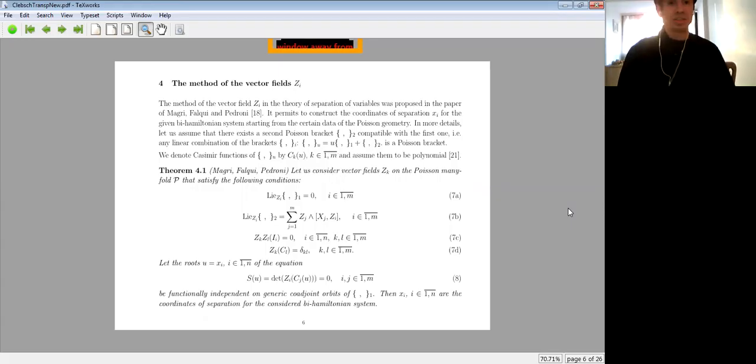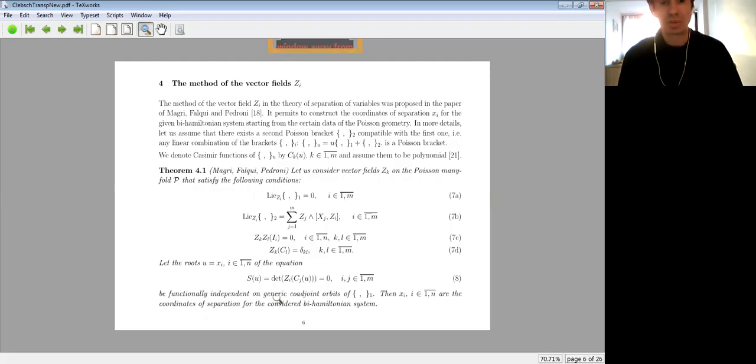In this case, there is a theorem of Magri, Falqui and Pedroni that if we consider vector fields Z_k, k from 1 to m, that possess property 7, here you see, I hope you see all of them. If all roots of the equation defined by formula 8 are functionally independent on the generic symplectic leaf of the first Poisson structure, then these roots xi are the coordinates of separation for the considered Hamiltonian system.